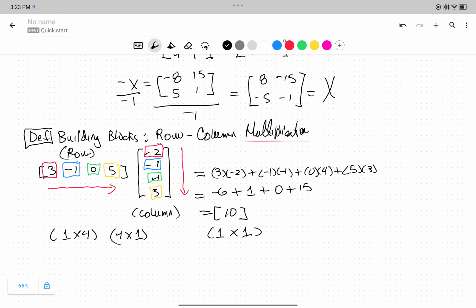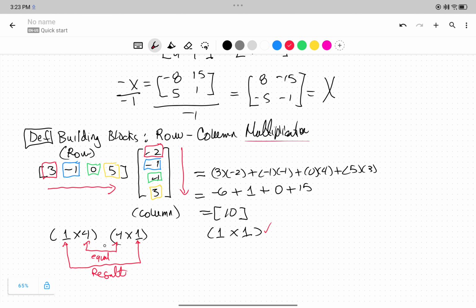And something special here has to happen. These numbers in the middle, they have to be equal. And if those numbers in the middle are equal, then the numbers on the outside tell you what the result has to be. So the result is going to be a 1-by-1 matrix. Yep, that's exactly what happened.